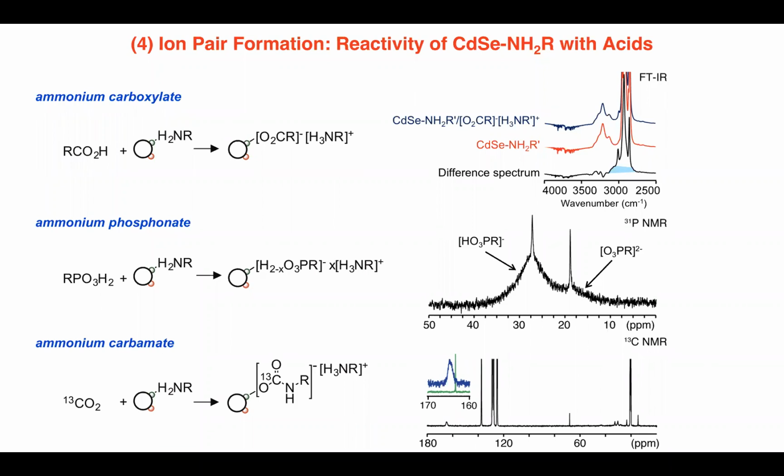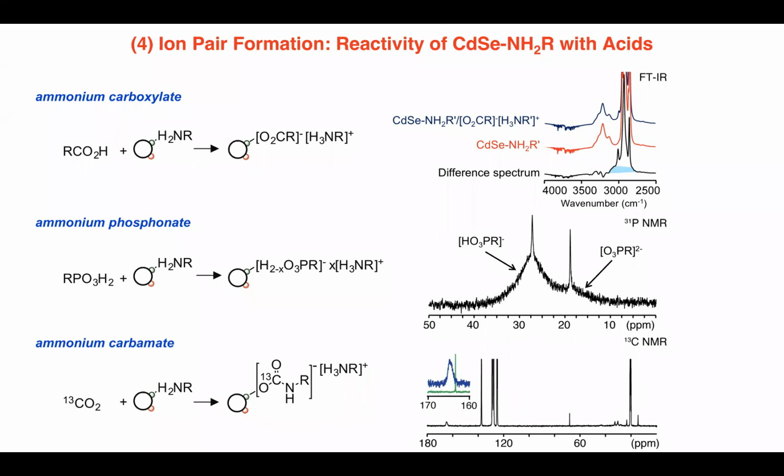Another example of this is phosphonic acid. So phosphonic acids will protonate amines, and you can absorb phosphonate to the particle. Phosphonate can have multiple different protonation states, right? The dianion or the monoanion, they have distinct chemical shifts, and you can see them in the spectrum.